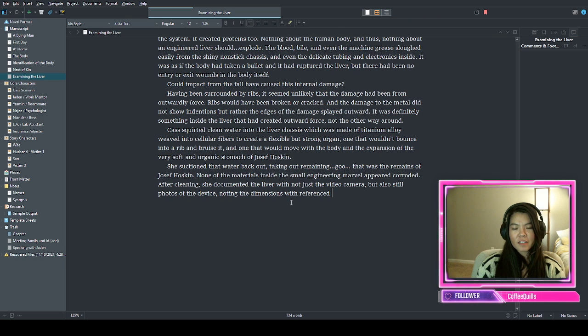I'm trying so hard to just say there was a measuring stick next to the liver when she took a picture of it. It's very complicated, okay?